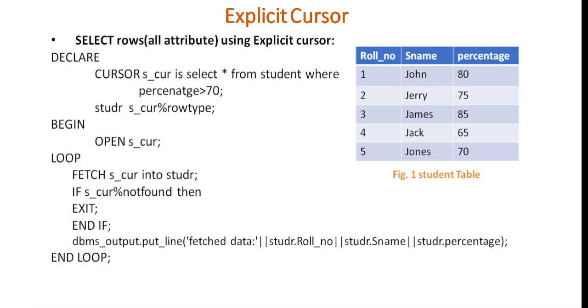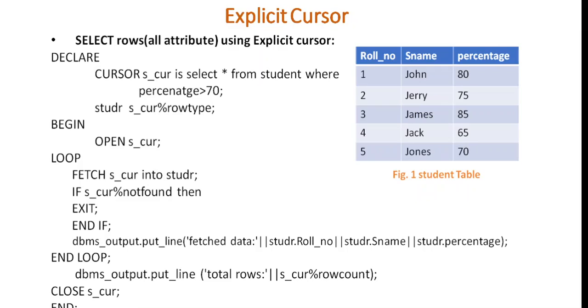Then in the execution section, that is the begin section, we first open that cursor for use by using the open cursor_name command. Then by using a loop statement and the fetch command, we are fetching data from the table to the cursor. And then we display that data by using the dbms_output.put_line method. So this is how we can select a number of rows from the table by using an explicit cursor.